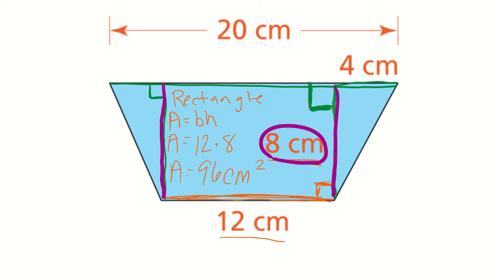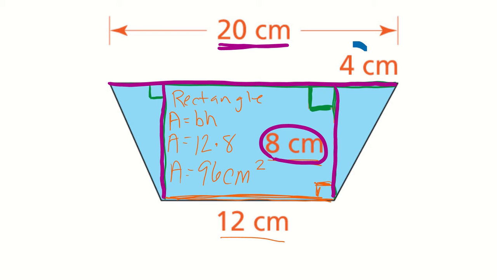So that part is straightforward. But the base, that's where things start to get a little bit tricky. Now remember, we said this 20 centimeters tells us this whole distance all across this longer base of the trapezoid.